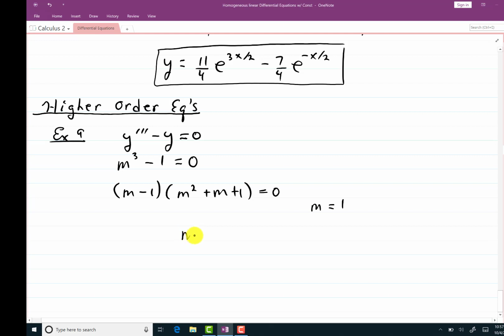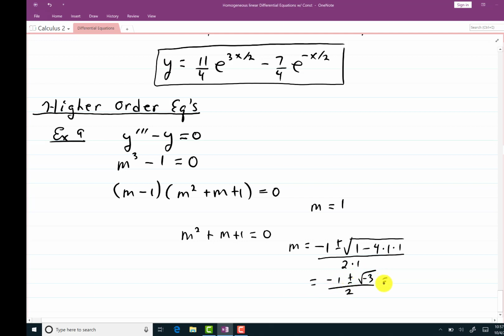So when I set m squared plus m plus 1 to equal 0, I'll get m equals, and I'll use the quadratic formula, negative 1 plus and minus 1 squared minus 4 times a times c, all over 2 times a. That's negative 1 plus and minus the square root of negative 3 over 2, or negative 1 half plus and minus radical 3 over 2i.